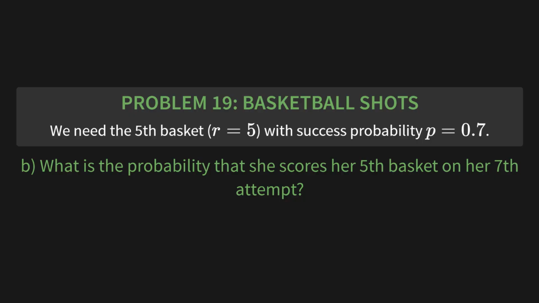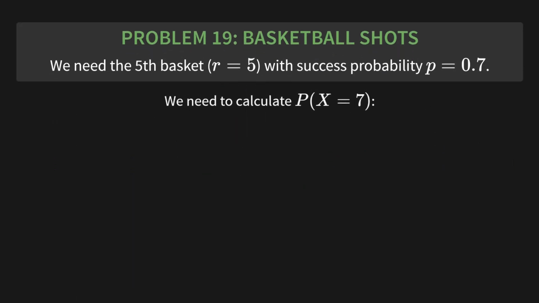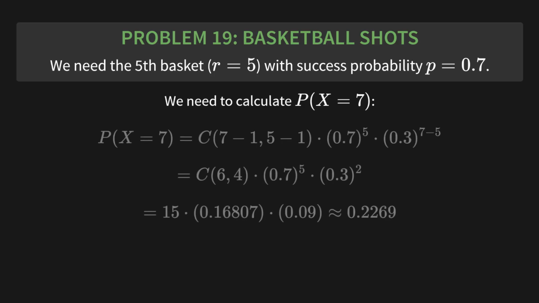We need the fifth basket, so r equals 5 with a success probability of 0.7. What's the probability that she scores her fifth basket on her seventh attempt? We are going to walk through this calculation step by step. We need to calculate P of X equals 7, so we plug in our numbers.